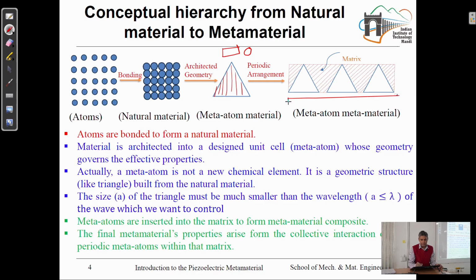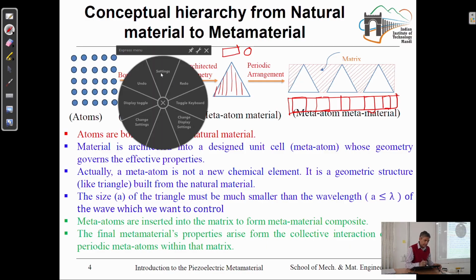Suppose you have a square shape. We can arrange these meta atoms in a periodic fashion. So you can see we have so many combinations. This one, say, is aluminum material.